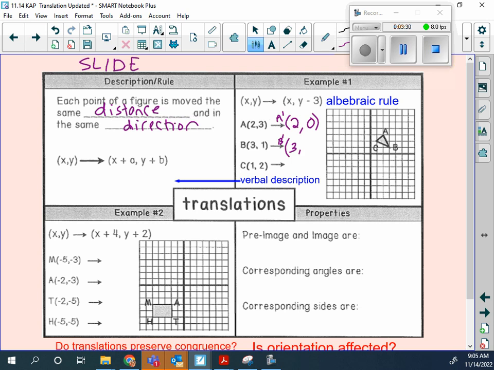So that's going to be 3. And then 1 minus 3, -2. And then C prime would be 1, -1. Let's come over here and actually go ahead and graph it, okay? So 2, 0. 3, -2. And 1, -1.